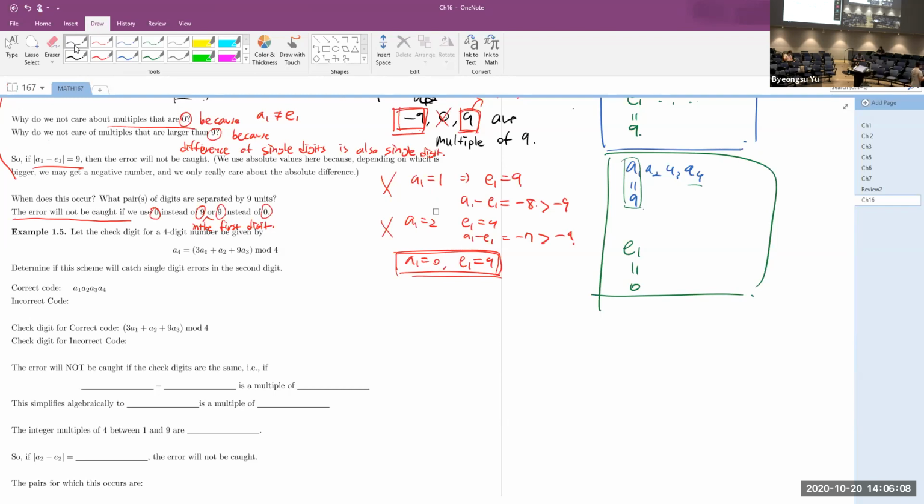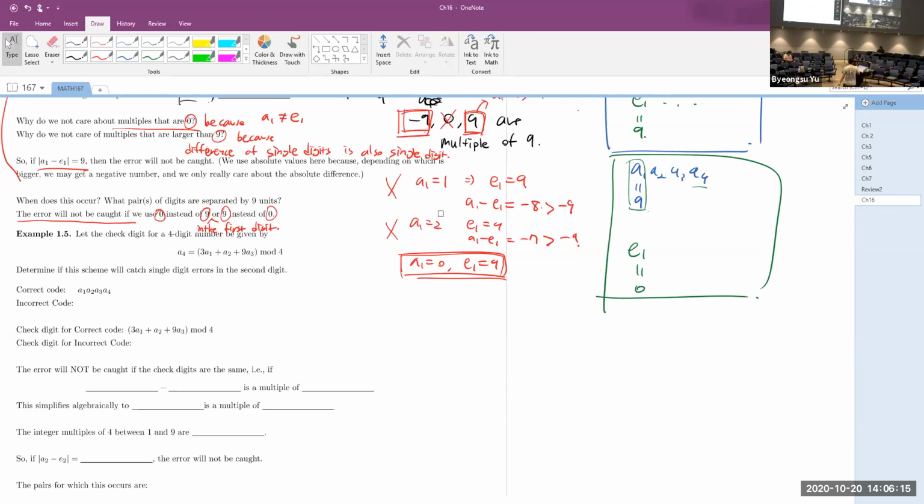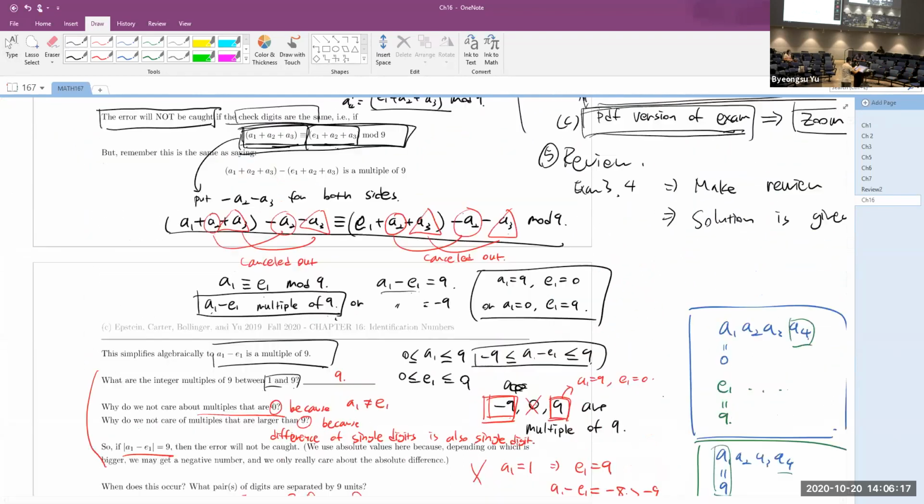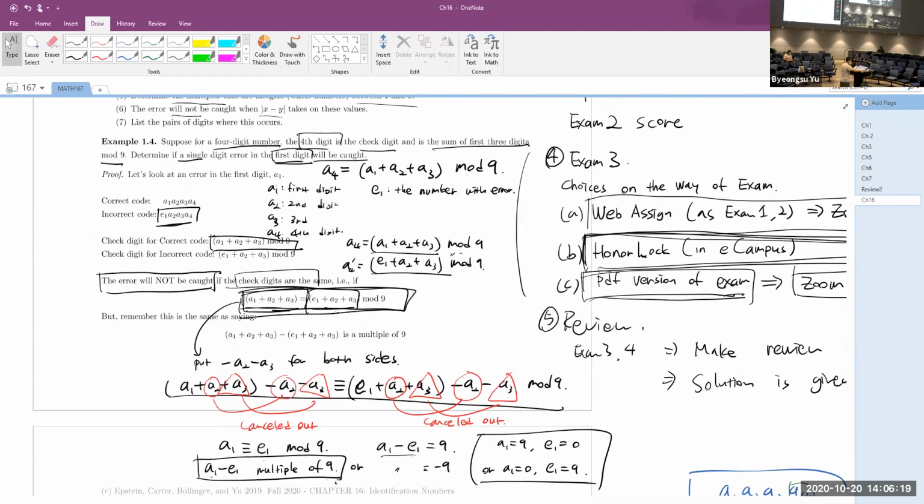Yes, you're right. So what Grace questions is whether it matters on which side the number is. So from here, when we have some error number, then our check digit should be here with the error code. And if we have just the correct number, then we have the check digit here. So yes, what we want to find is when those two check digits are the same, right?